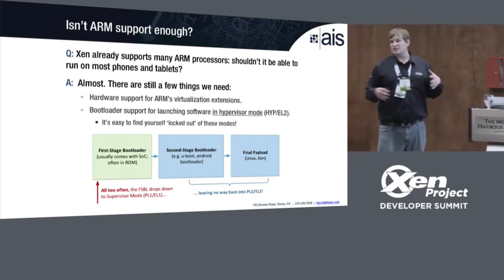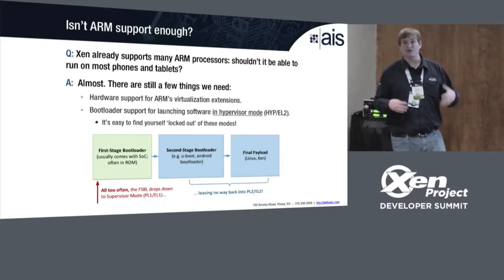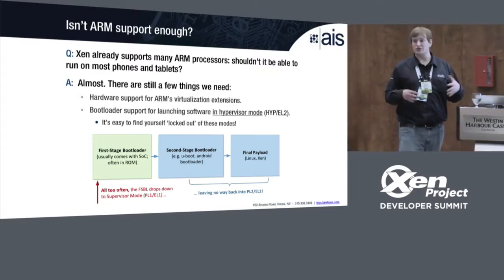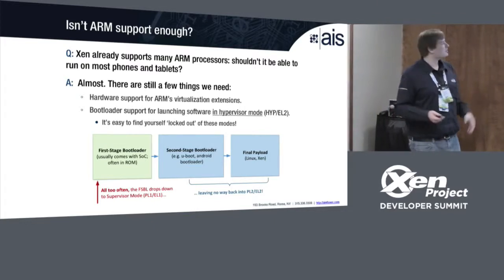So we're going to spend the next few slides first going through what you would need to get Xen on your own phone, your own tablet, and then we'll go into some of the stuff that we've done to make it possible to use that phone or tablet for some client virtualization applications.